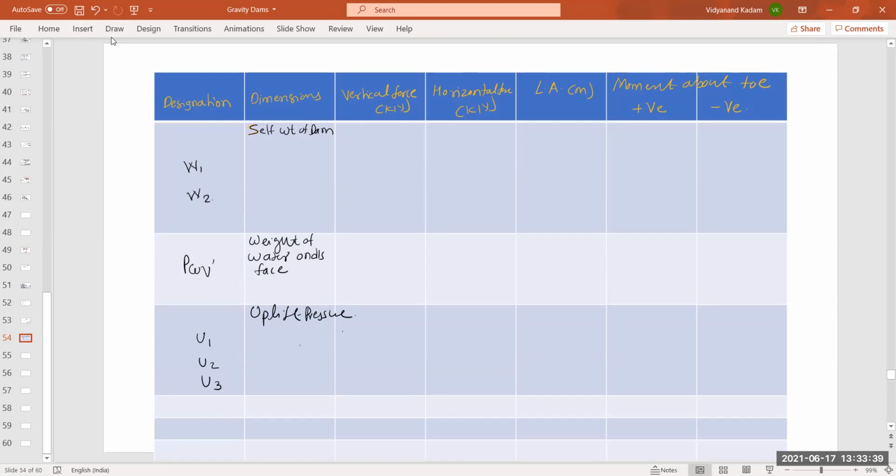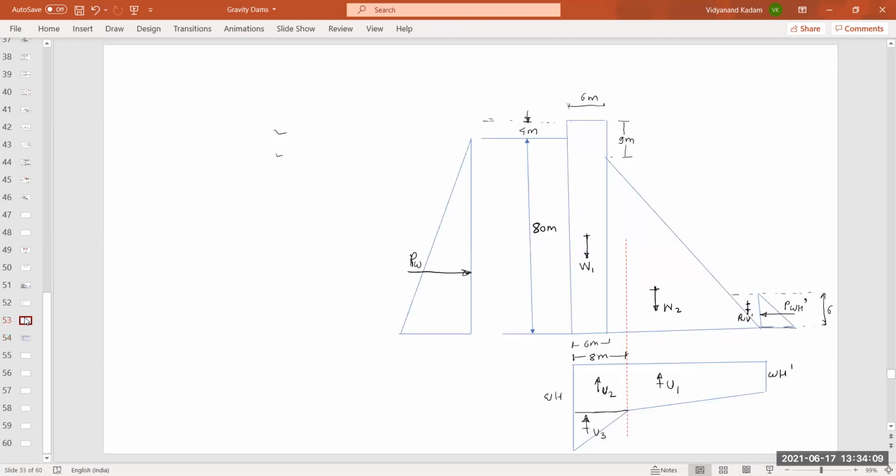And then next is water pressure. For that we have used the designations P1, PW and PWH dash.